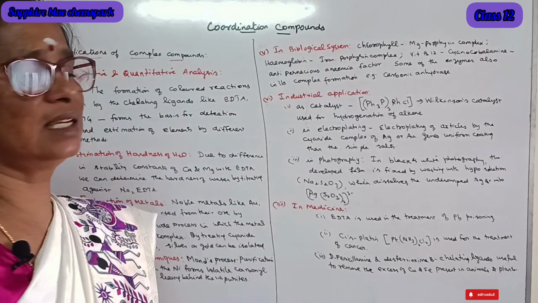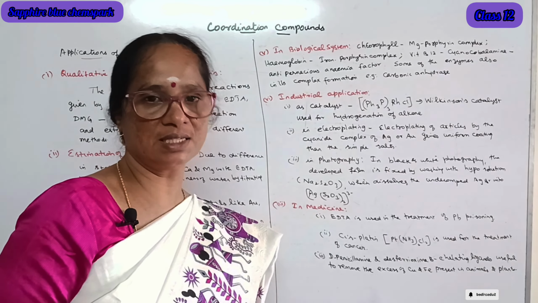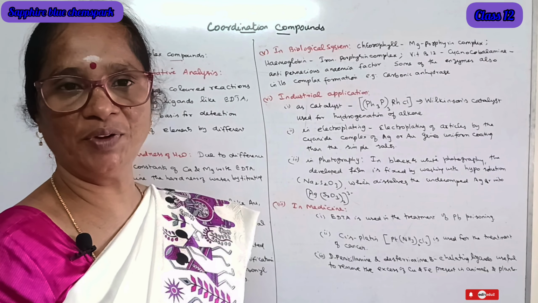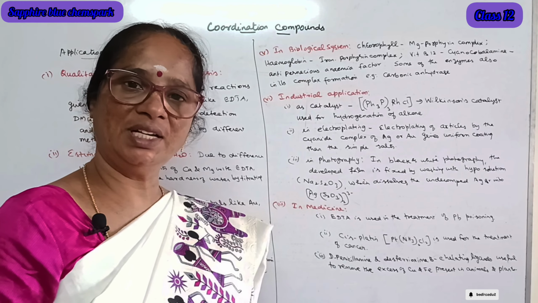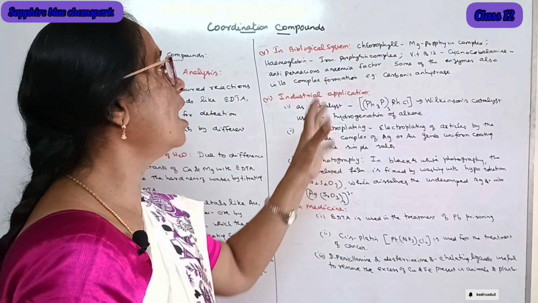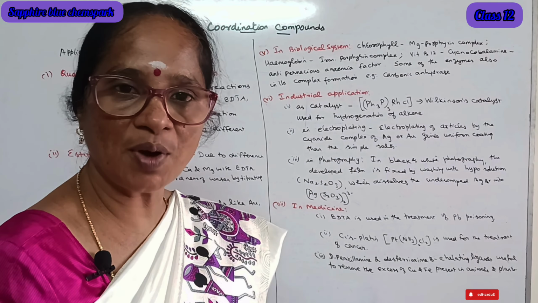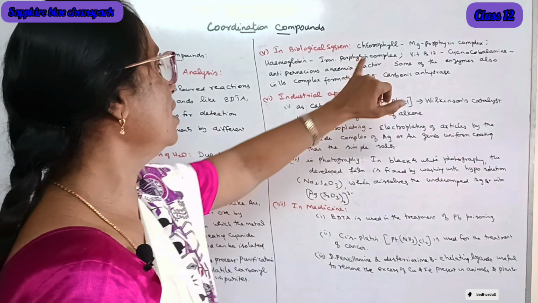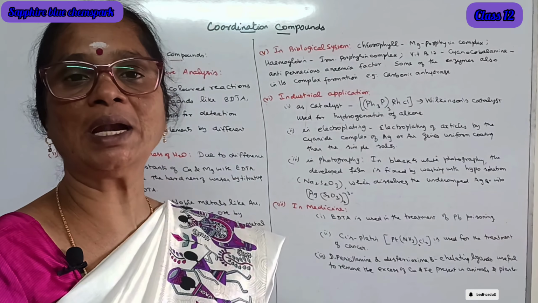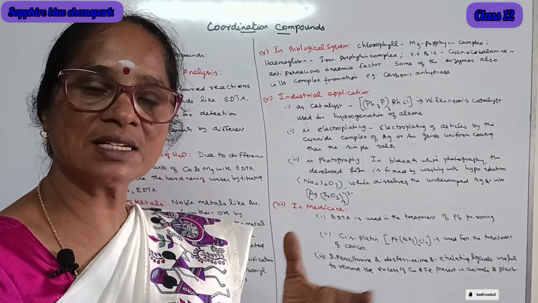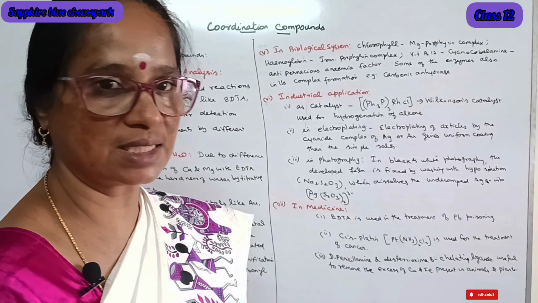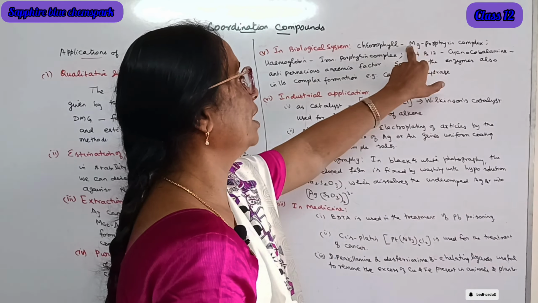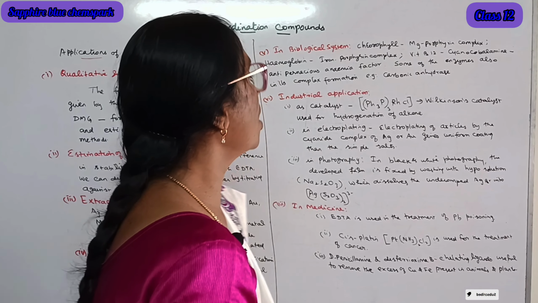Then, in biological systems, some of the enzymes, chlorophyll, hemoglobin and vitamins are present in the form of their complex compounds. For example, chlorophyll, the green matter of the leaves, which is responsible for photosynthesis, is nothing but a magnesium porphyrin complex.